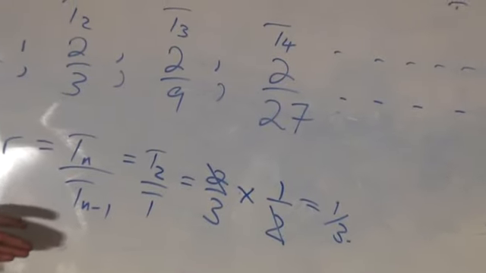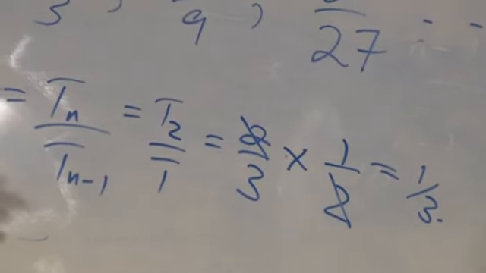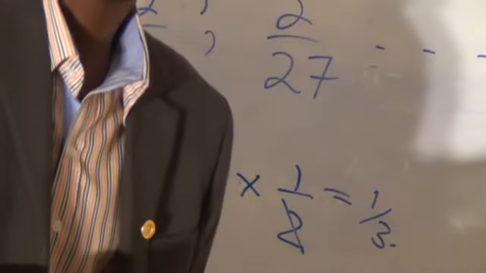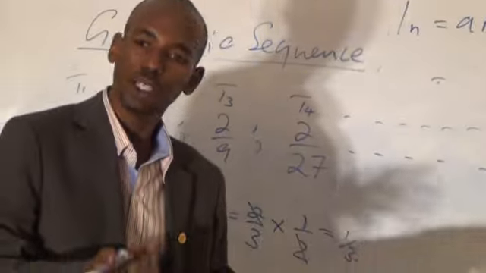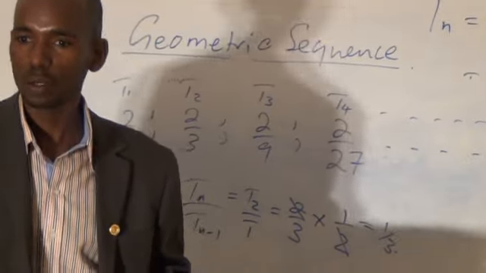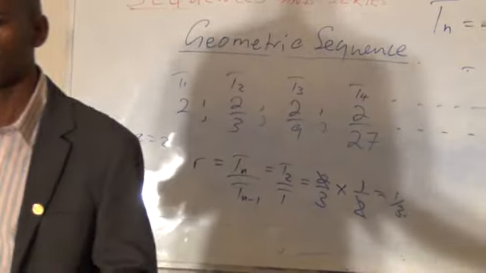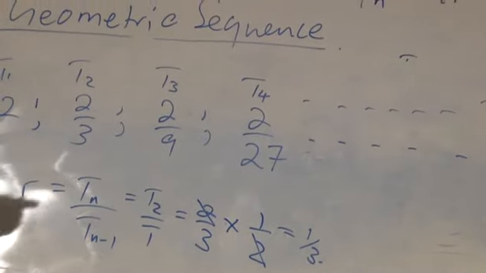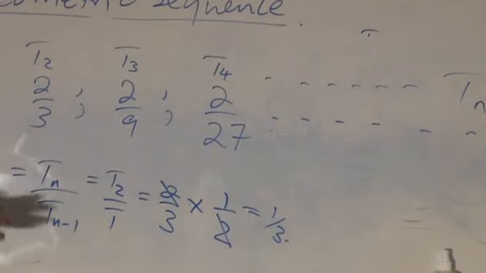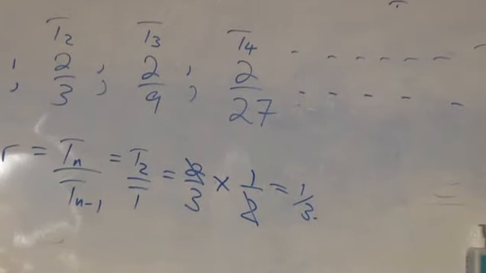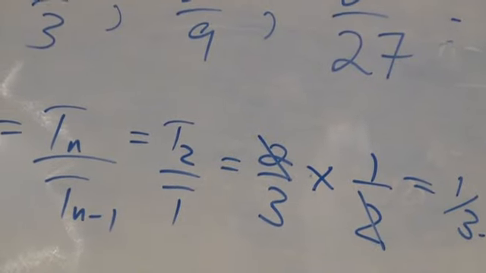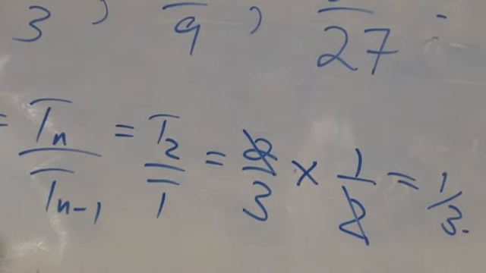But while that is necessary to do, it's not sufficient for us now to conclude that we have a common ratio. We still have to go on and check with a number of other pairs, is that consistent? Once we establish that consistency, then of course, we can say, look guys, we're actually having a geometric sequence here, the first term is 2, the common ratio is equal to 1 over 3. So let's look for another pair. Let's take T3 and T2.